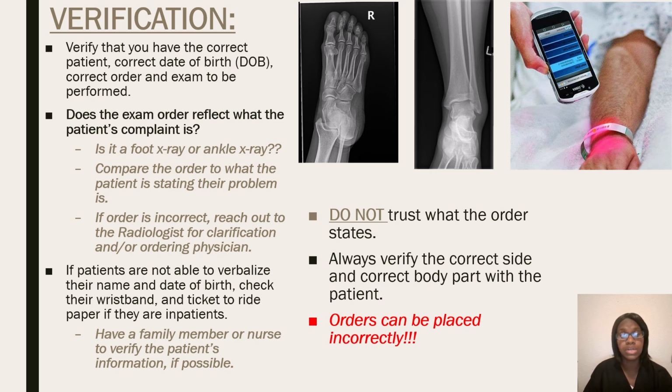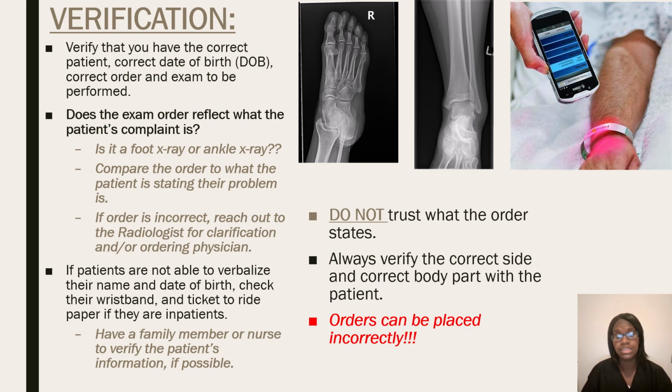If the patients are not able to verbalize their name and date of birth, check their wristband, check their ticket to ride paper. If you are working in a hospital, a lot of times the transporter or the nurse would print out a paper, and it's like a ticket to ride for them to take with them, and it goes over what they're in for, their name, their bed number. It has like their blood pressure and vital signs on there.